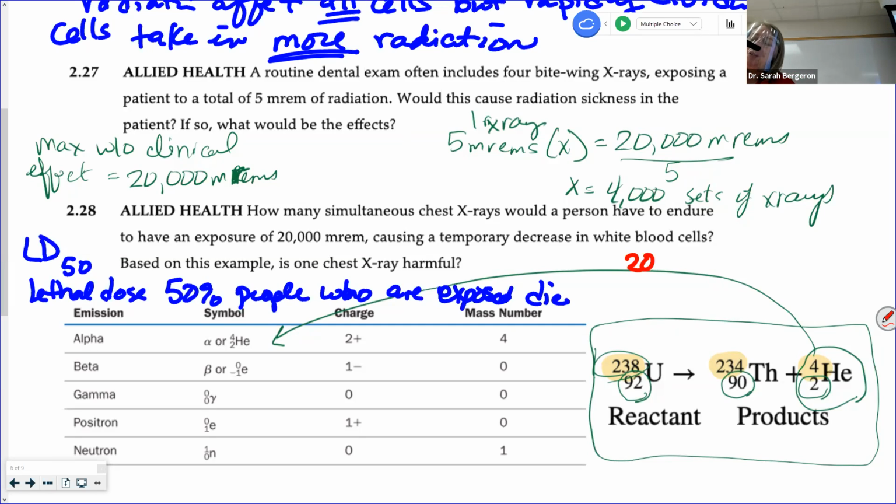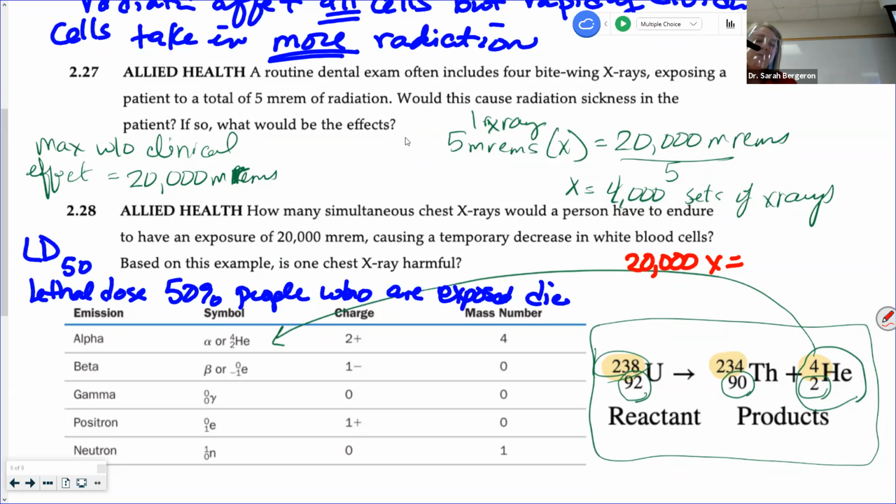So 20,000 equals some number times, right? That would be our number of X-rays we would have to get. So we're missing a piece of information, right?